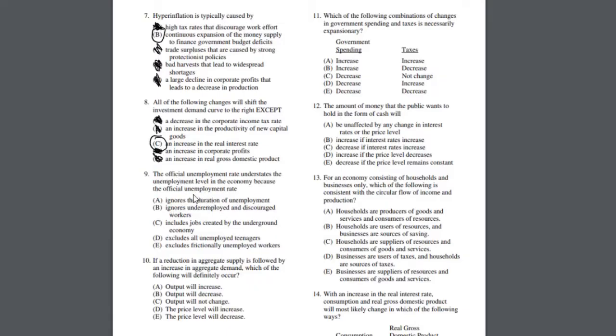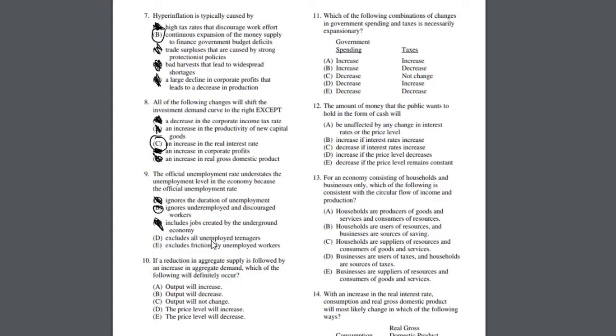So A says ignores the duration of unemployment. No. That we haven't talked about. B ignores underemployed and discouraged workers. That's certainly right. C includes jobs created by the underground economy. No, it doesn't include that, because that is actually not in the unemployment rate because it's underground.